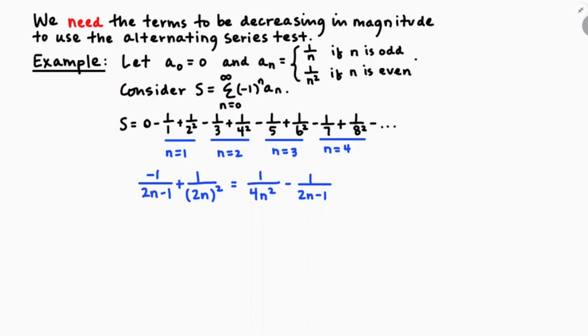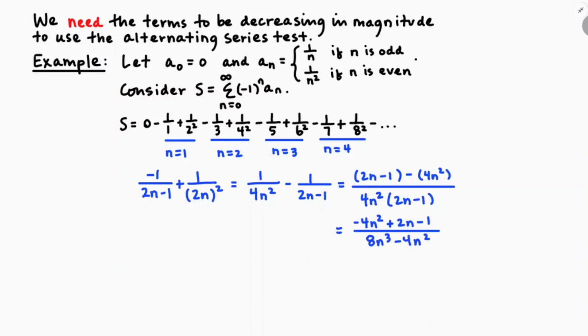Okay. Now I'm going to need to combine these with a common denominator. So the 1 over 4n squared, I'll be multiplying that by 2n minus 1 over 2n minus 1. And I'll get this, with a common denominator, and then I can simplify the numerator and also distribute out the denominator. So I've got negative 4n squared plus 2n minus 1, and then in the denominator I distribute the 4n squared over the 2n minus 1, and I get that.